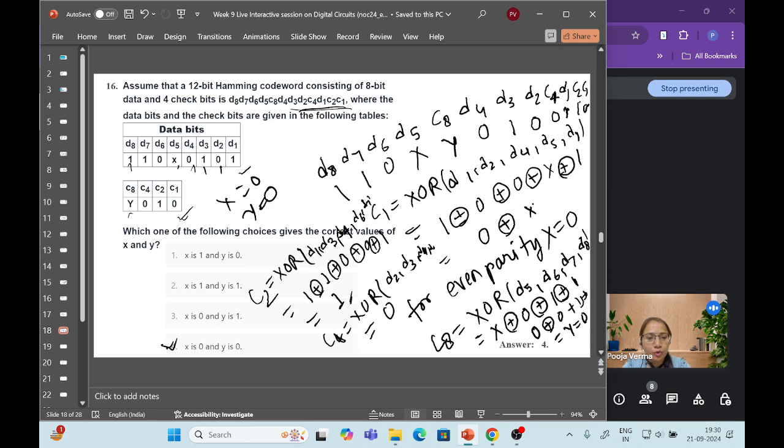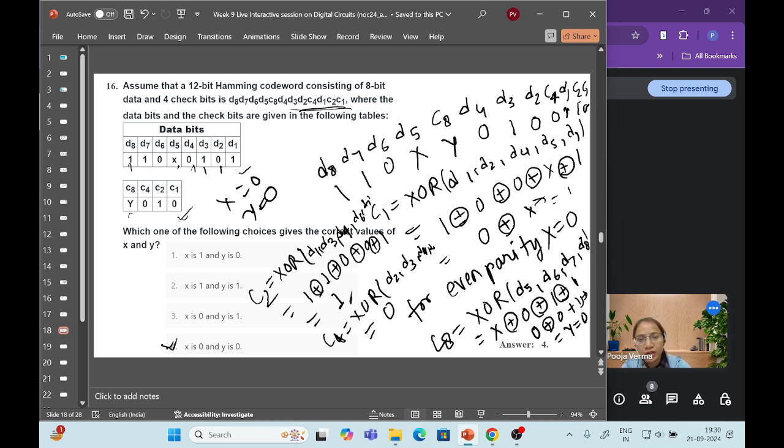If we put X is equal to 1 here, then we will get the odd parity. So we cannot put that here; for even parity we have to take X is equal to 0. Otherwise you can put the value of C1 here.